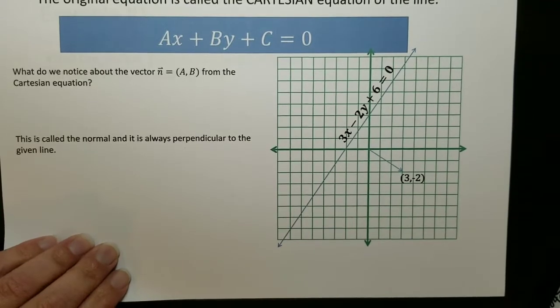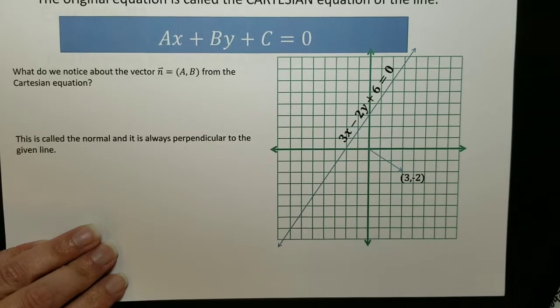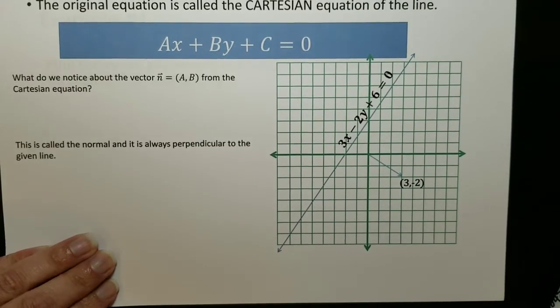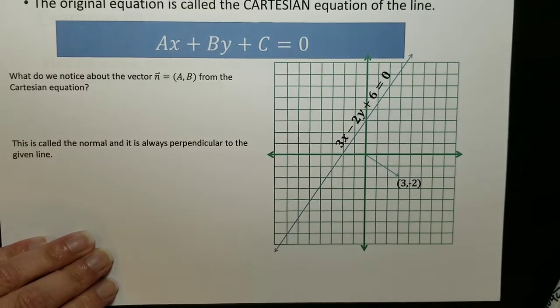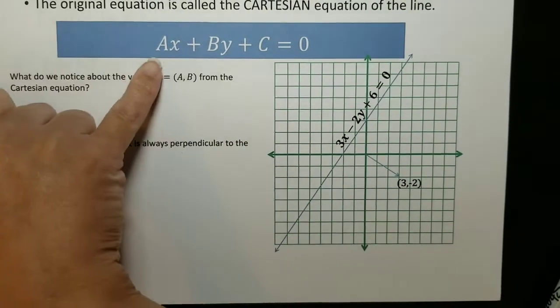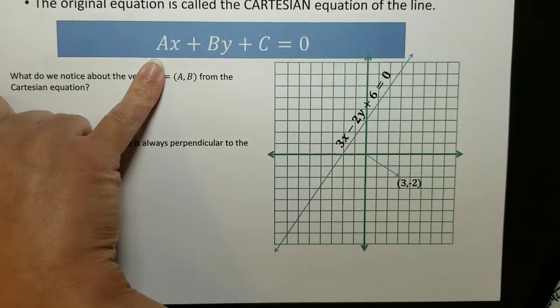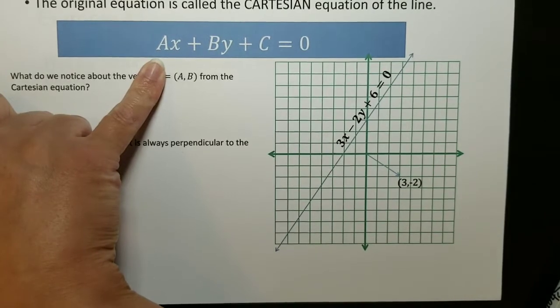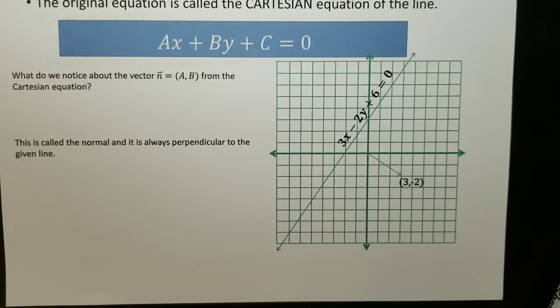Okay, the last form of the equation of a line in R2, and this goes back to our very first original equation, this 3x minus 2y plus 6 equals 0, is the Cartesian equation. It's also sometimes called a scalar equation because it has scalar coefficients of x and y variables. So this is the standard form of an equation of a line that you guys have been doing since grade 9.